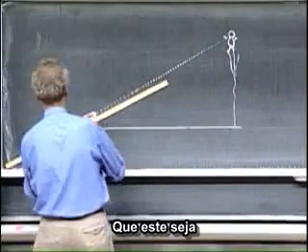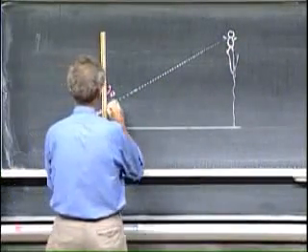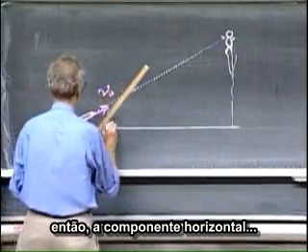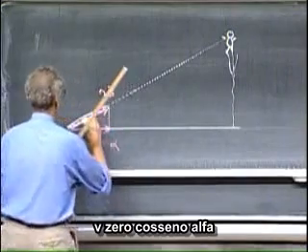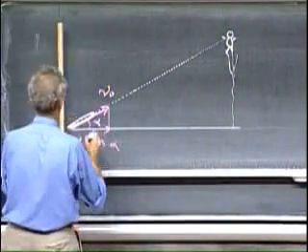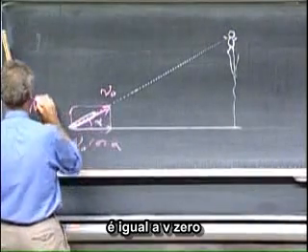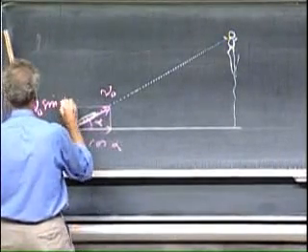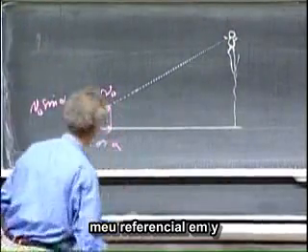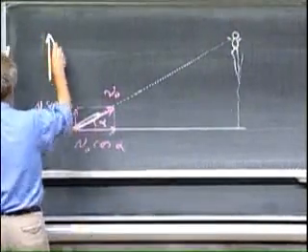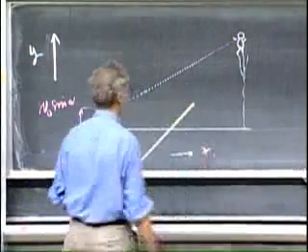Let this be the speed, v0. So the horizontal component, you're going to see that again and again, v0 cosine alpha, and the vertical component equals v0 sine alpha. Let this be my increasing value of y, and this be my increasing value of x.